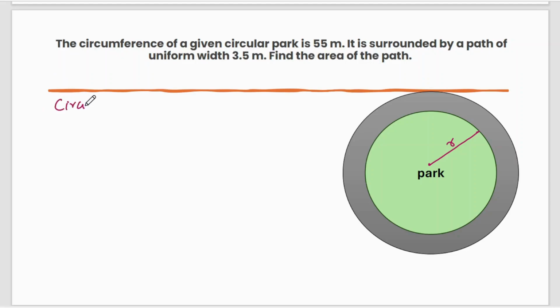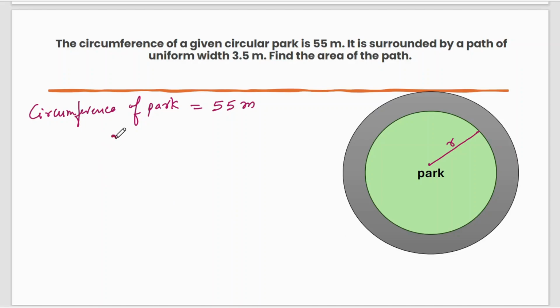Circumference of the park is given as 55 meter. So we know what is circumference.